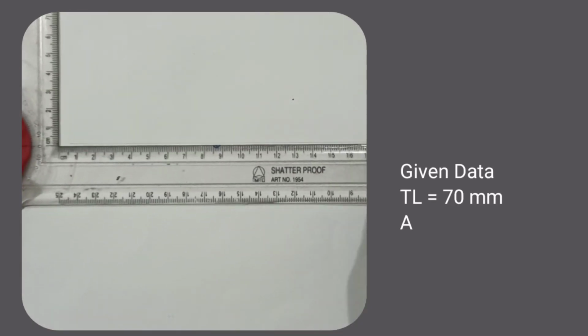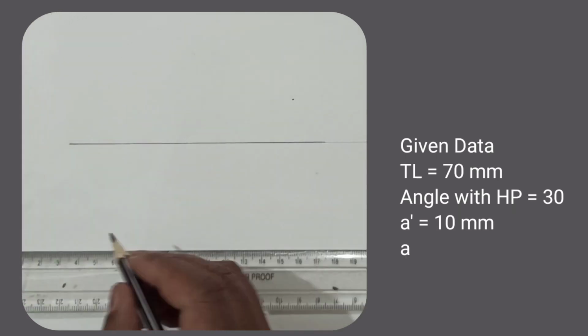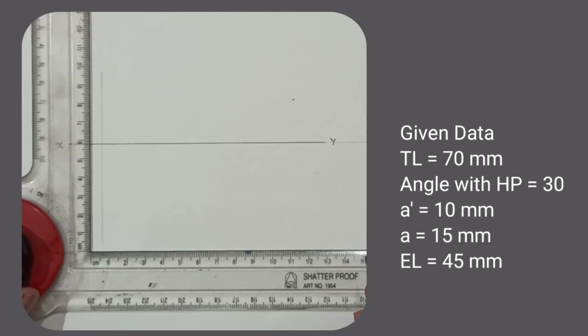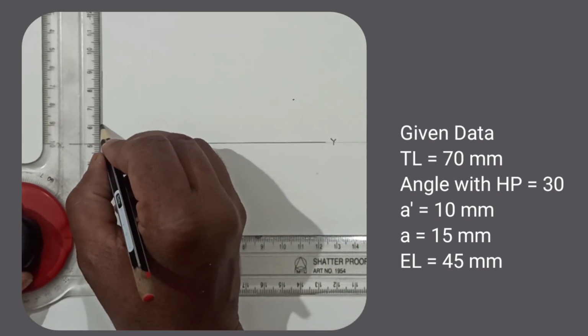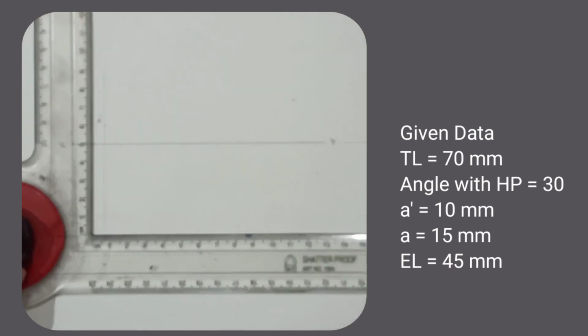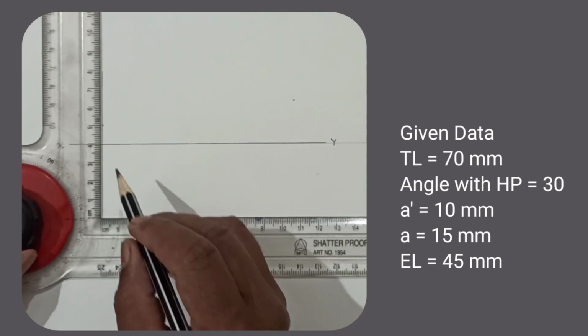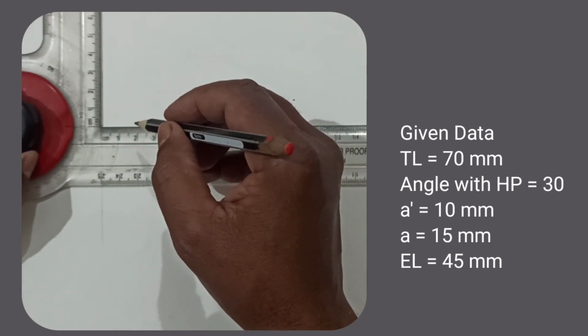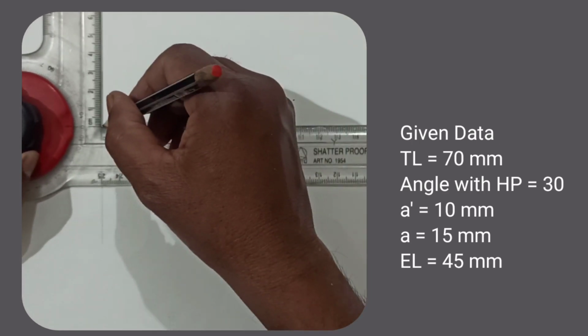Now the data given is true length, theta, point A above HP and in front of VP, and elevation length. Elevation length we get when the line is inclined to VP and parallel to HP.